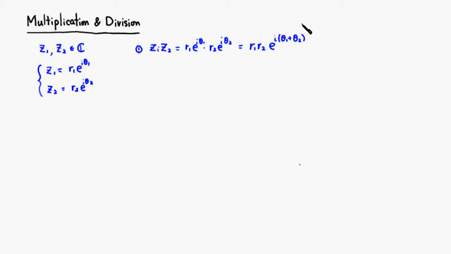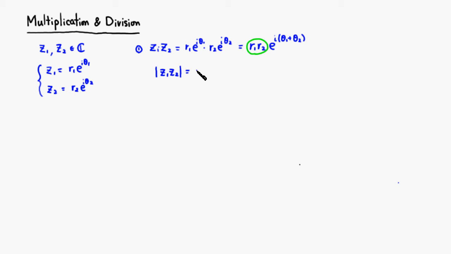Note that if you're looking at the absolute value of Z1 times Z2, you can see that this tells you the absolute value of Z1 times Z2.